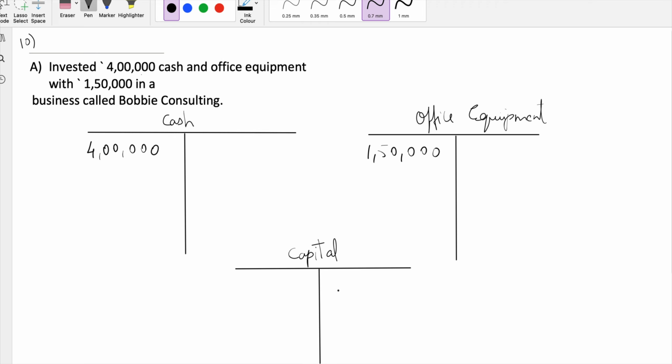So together maybe we can write it as capital in the credit side 5,50,000. Okay, so there is one transaction hitting 3 accounts. If you see debit side, one entry is 4 lakh, the other entry is 1,50,000. Credit side it is 5,50,000. So the amount in the debit side should be equal to the amount in the credit side. Okay.